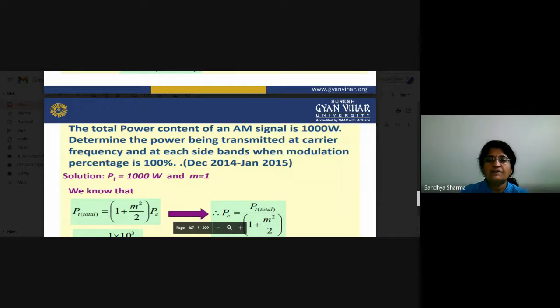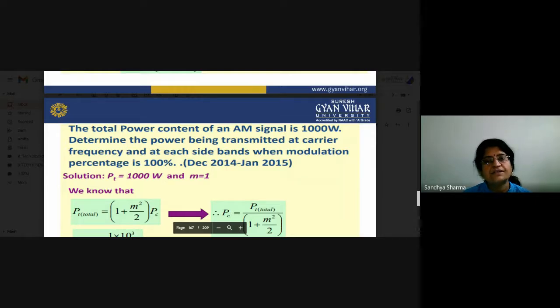Now the total power content of an AM signal is 1000 watt. Determine the power being transmitted at the carrier frequency and in each sideband when modulation percentage is 100%.